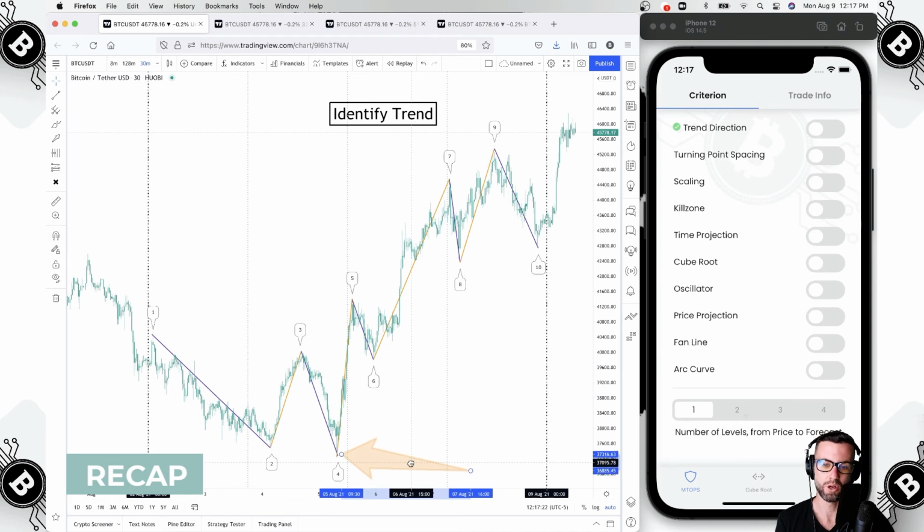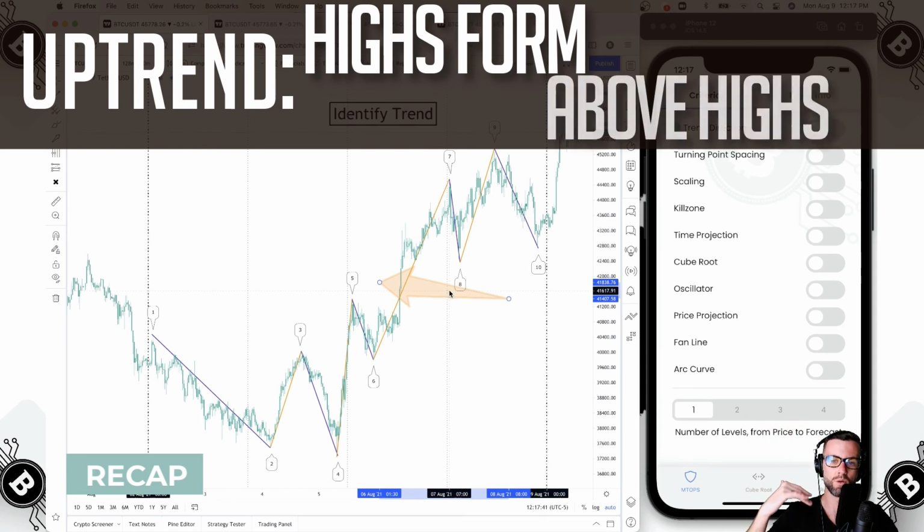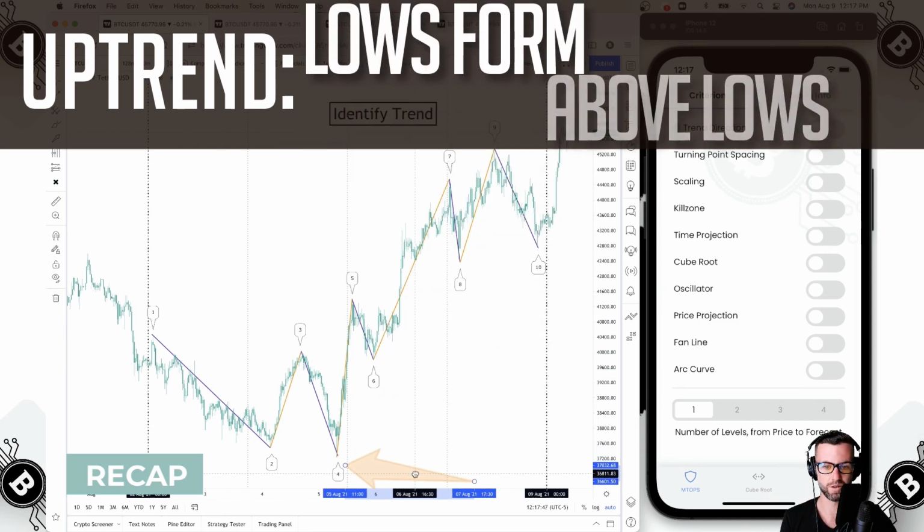However, because this was shallow and only slightly lower than the recent low, we saw a trend directional change coming in, and we knew that a high had to form above a recent high, as that's what trend is. Higher high forms above the recent high, and the lows form above the recent low.